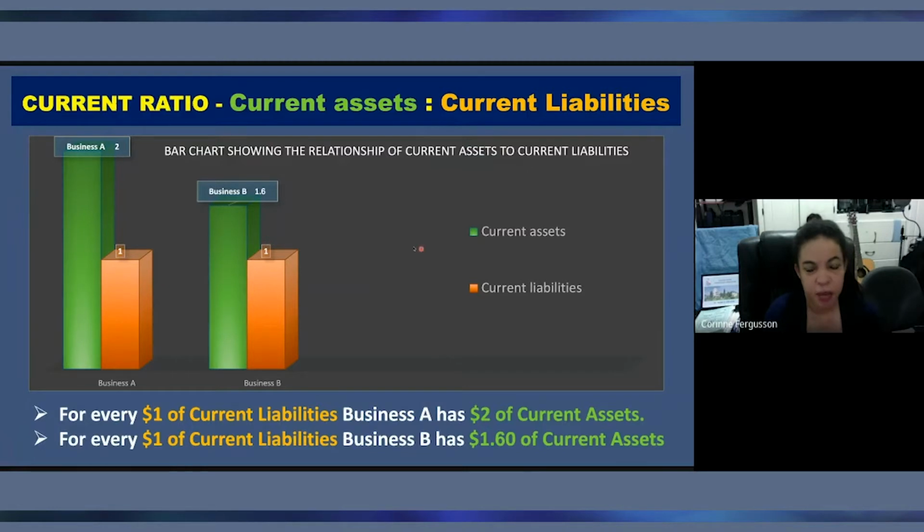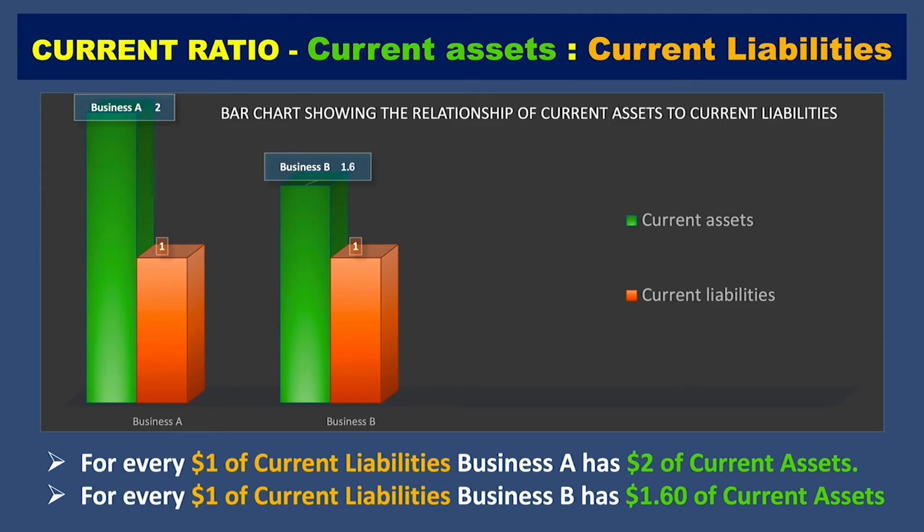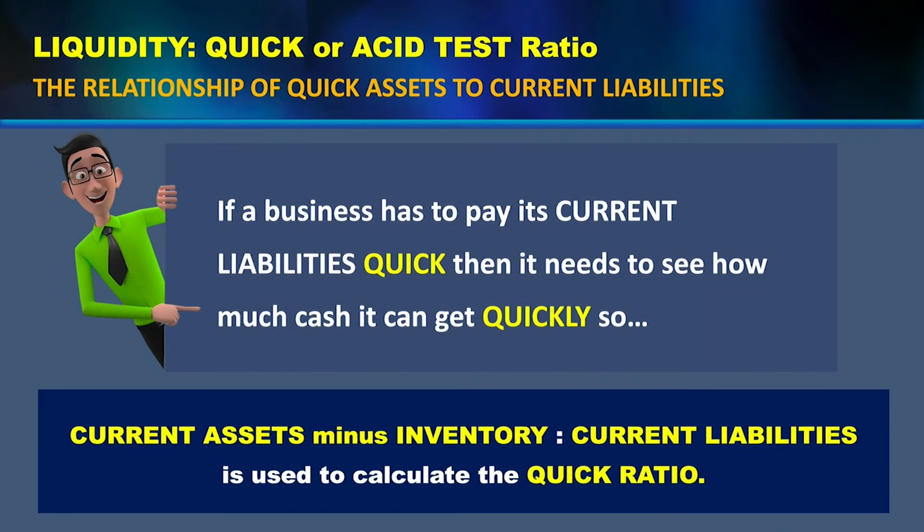But how much greater? The current liabilities are in orange. You would see that business A is twice as much as the current liabilities, so it can cover. You would see here very clearly that business B is less. So that ratio that we had just done is called your current ratio.